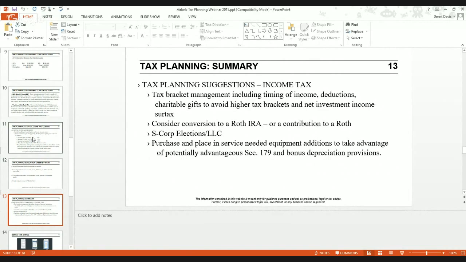So it's important to do a year-end financial analysis and see, okay, how much income did I make? What are my expenses and where do I fall? And if you're on the border, a great way to reduce your tax liability and drop you into a lower tax bracket is potentially contributing to an IRA plan.